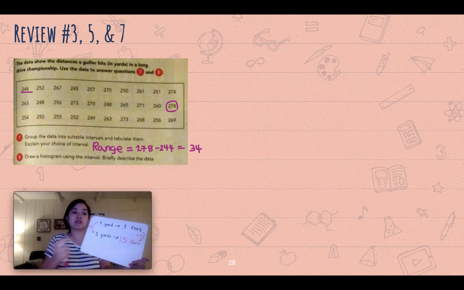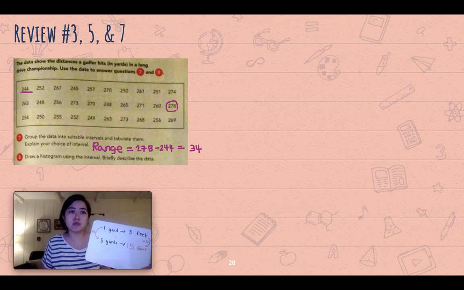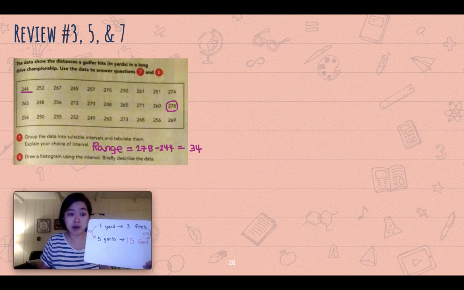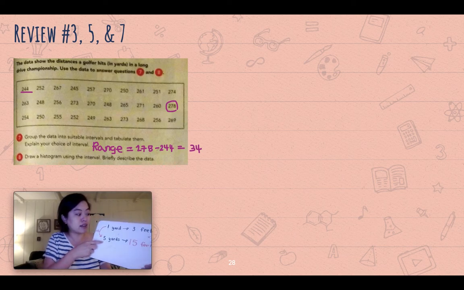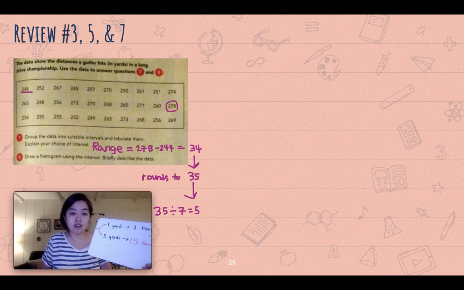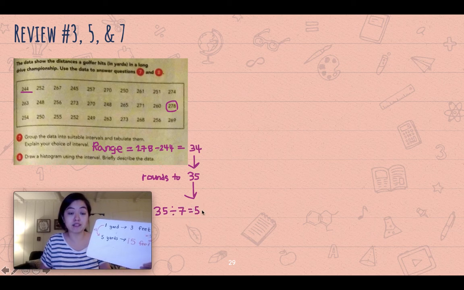And I also picked 5 because when I look at the number 34, I can round up to a number where I can divide it by the number of intervals so that each interval spans 5.